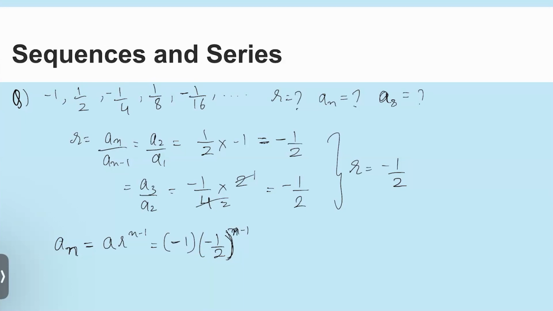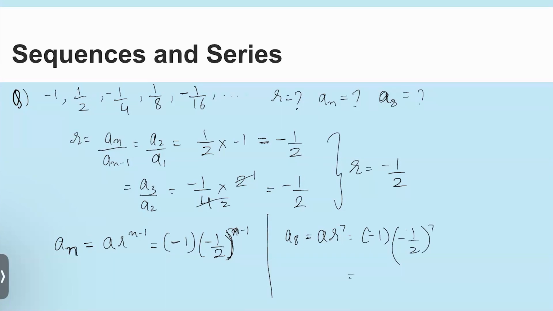Suppose now you want to find a8. So a8 is a r raised to 7. Our a is minus 1, and this r is minus 1 by 2, raised to 7.